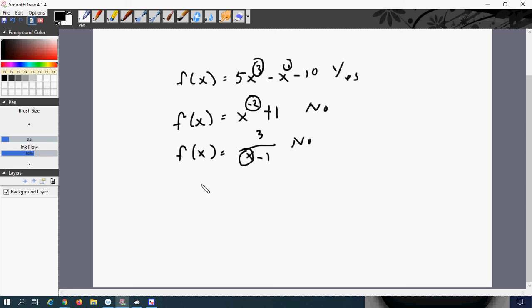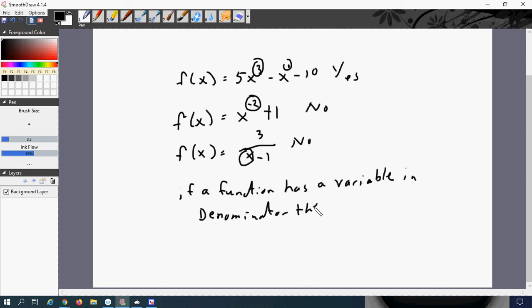So we should write that in our notes, that if a function has a variable in the denominator, then it is not a polynomial function. It's not a polynomial at all.